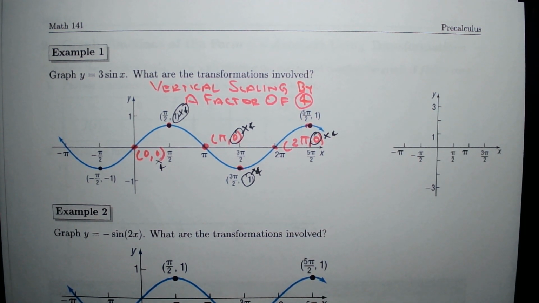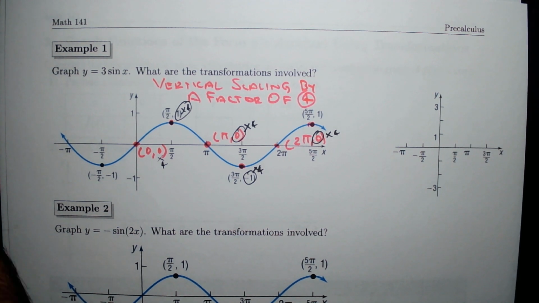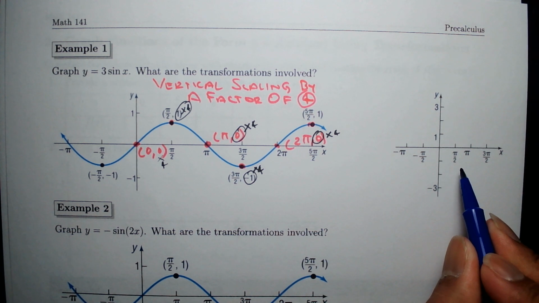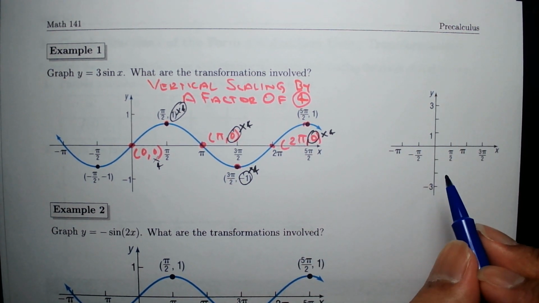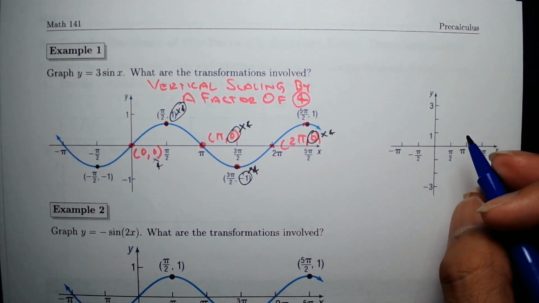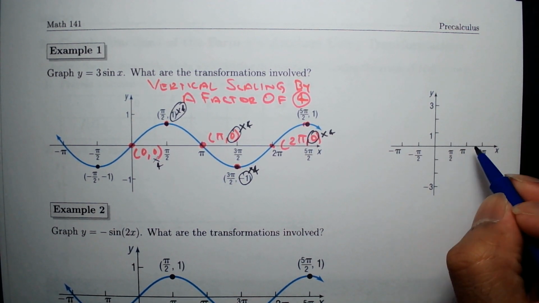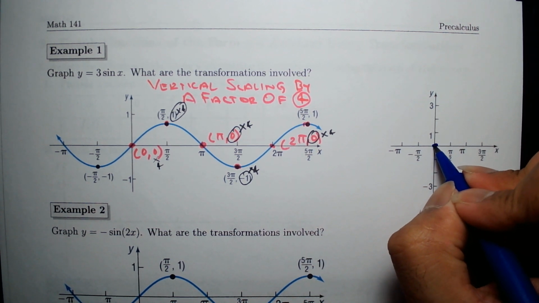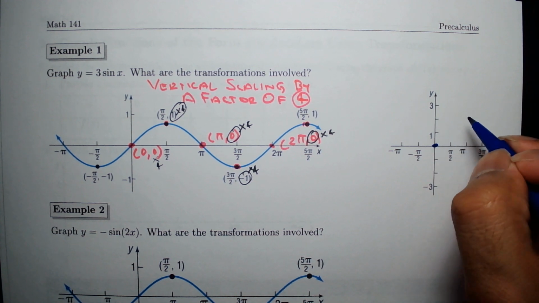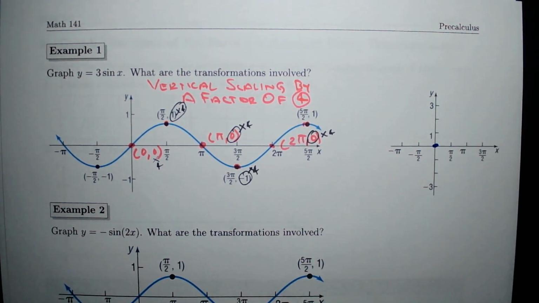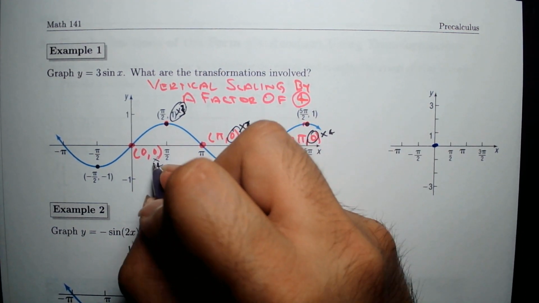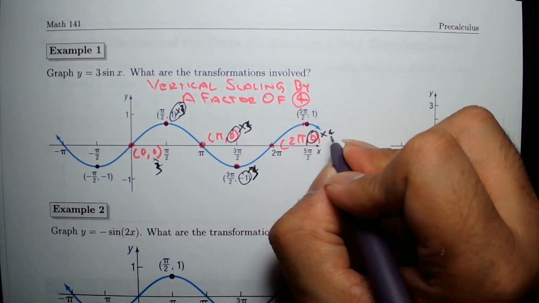So what's going to happen here? The x's remain the same. Notice I didn't change the scaling in the provided graph. So 0, 0 remains the same. Pi over 2 comma 1 becomes pi over 2 comma 1 times 3. Actually, I made a silly mistake, it's by 3, not 4.